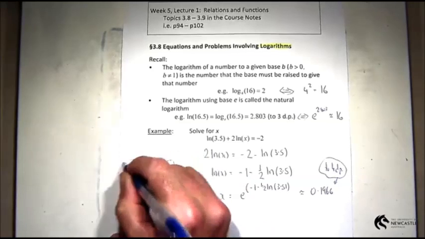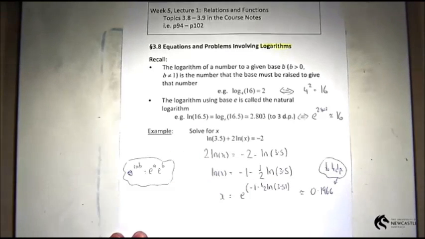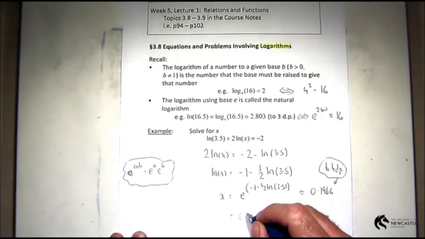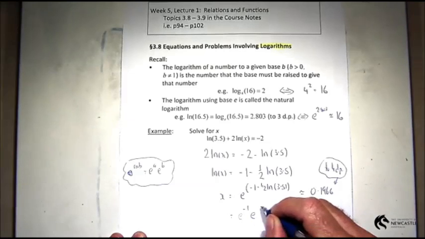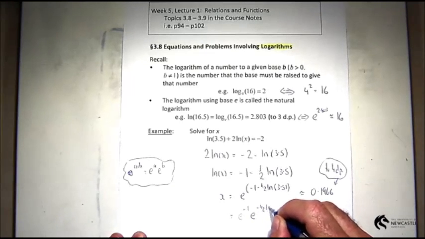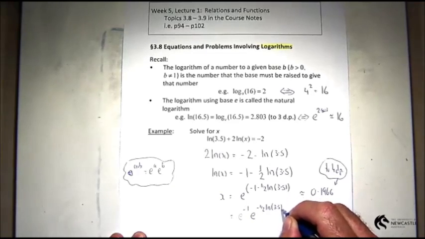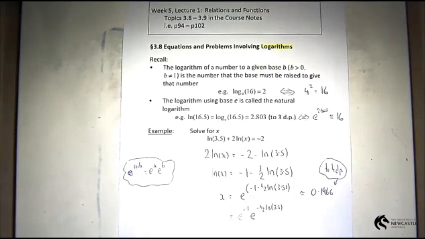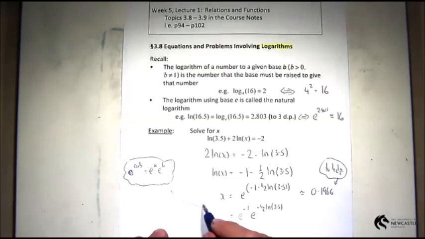That's one of our laws of indices. So I can actually write this here as e to the minus 1 times e to the minus a half log 3.5. That's using just straight laws of indices.